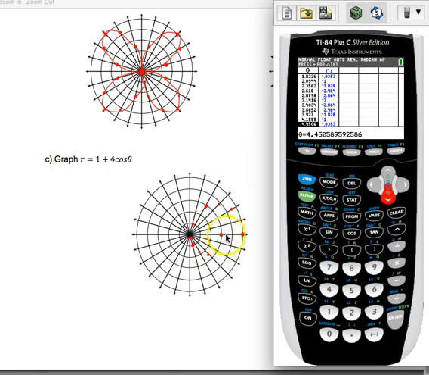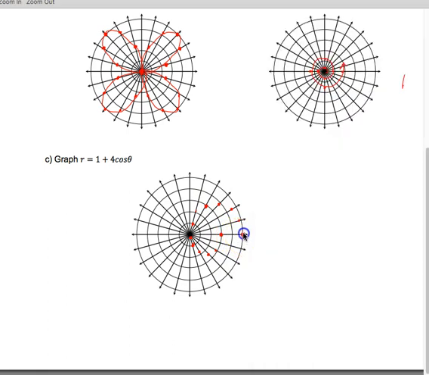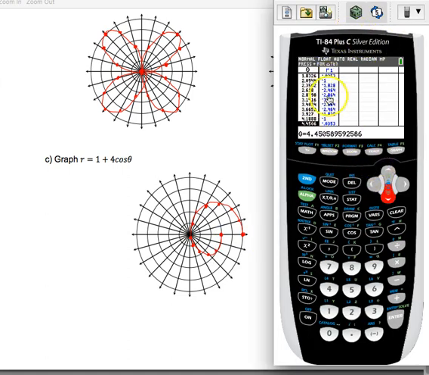And you can see that we're starting to make that middle loop. So we started over here, and we're looping around. So we're to here right now. Then let's see, go past the pi, and we've got negative 2.8. So past the pi, negative 2.8.